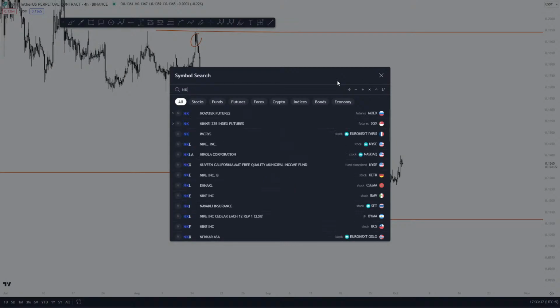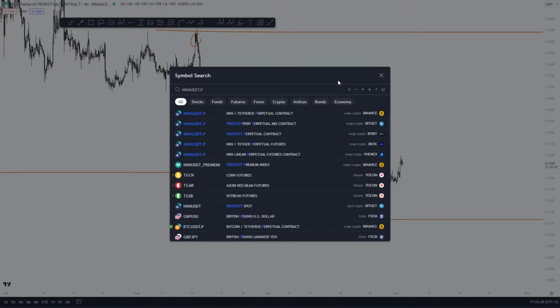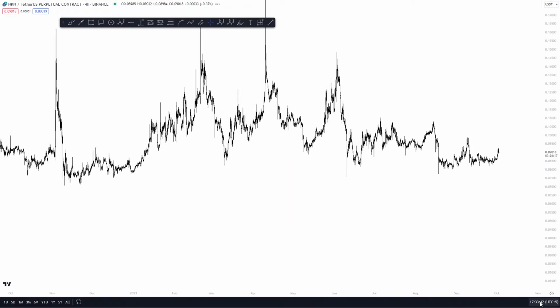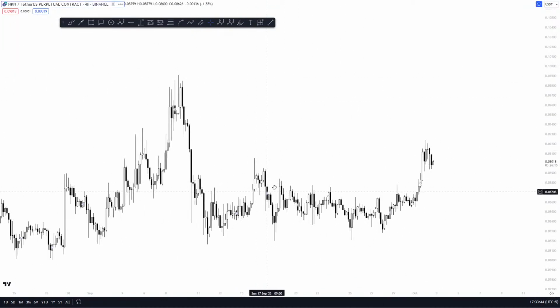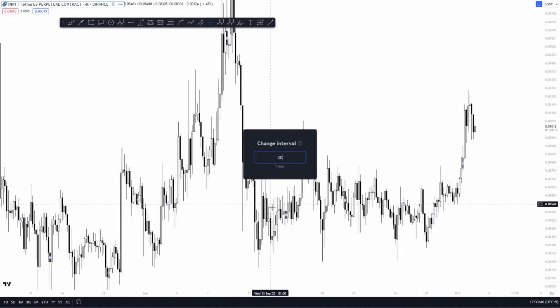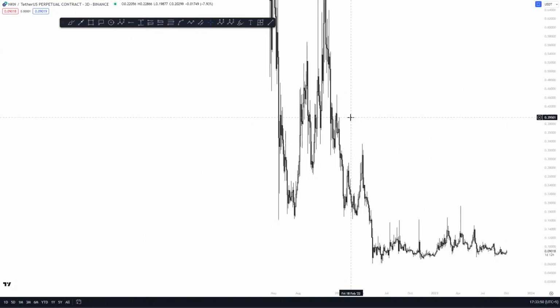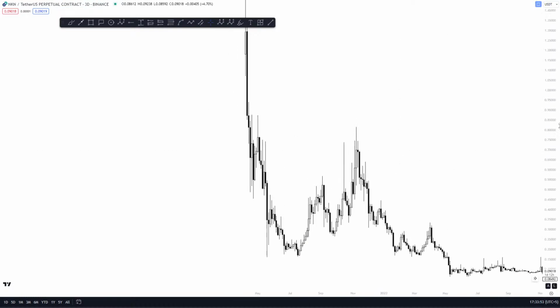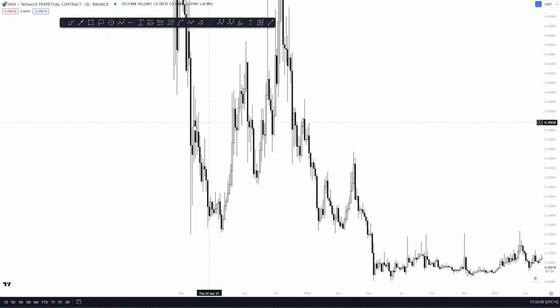NKN, let's see. You can clearly see that they have less liquidity, but you can trade it. Okay, so we are in a bearish trend.